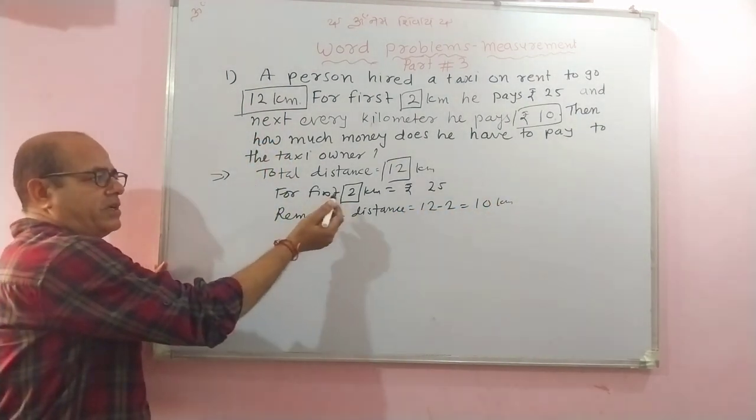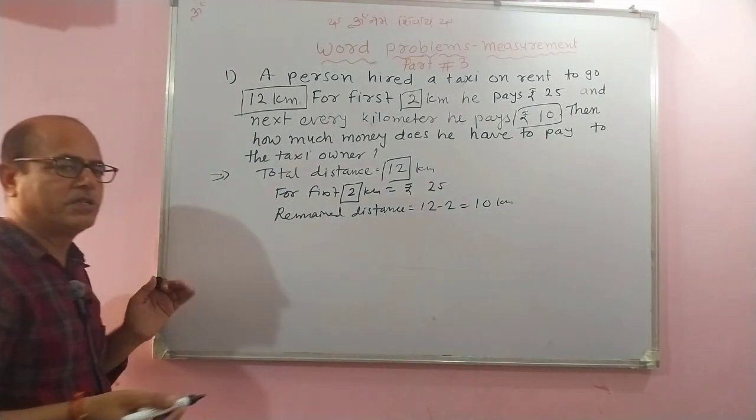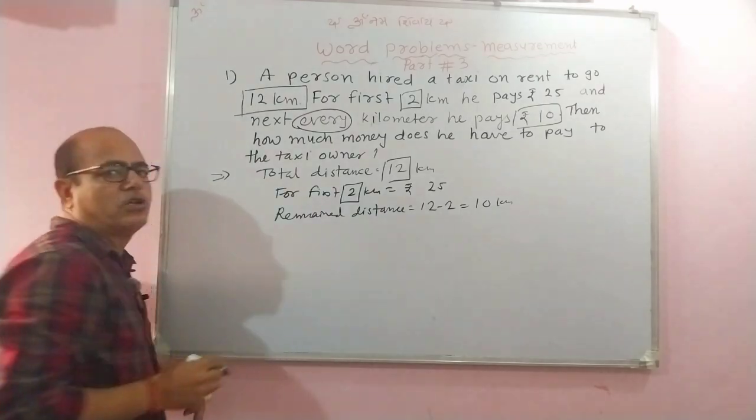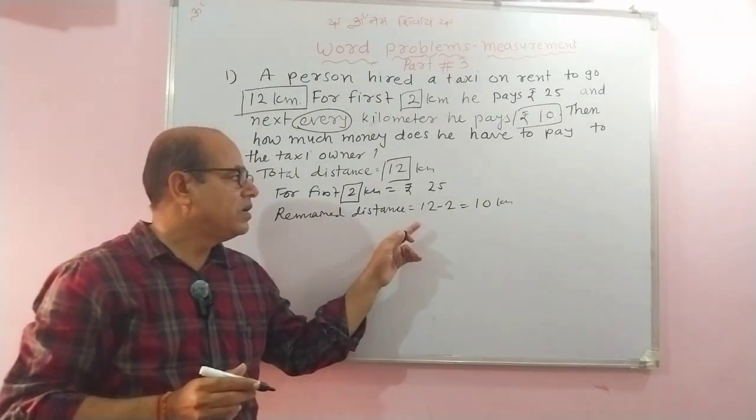For 2 kilometers he is paying 25, but for the remaining 10 kilometers, per kilometer he is paying 10 rupees.